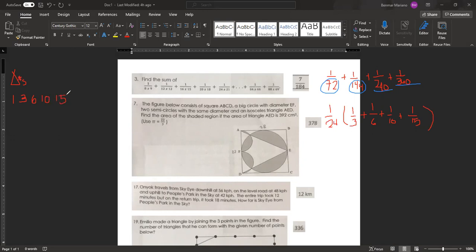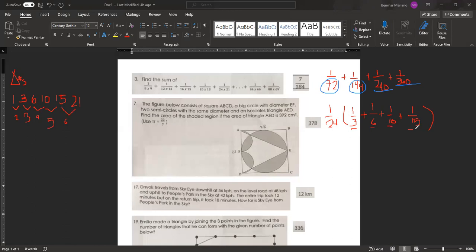So we are adding a counting number. 1 plus 2 is 3, 3 plus 3 is 6, 6 plus 4 is 10, 10 plus 5 is 15, 15 plus 6 is 21. So these are the triangular numbers, and noticing our denominators, they are triangular numbers.